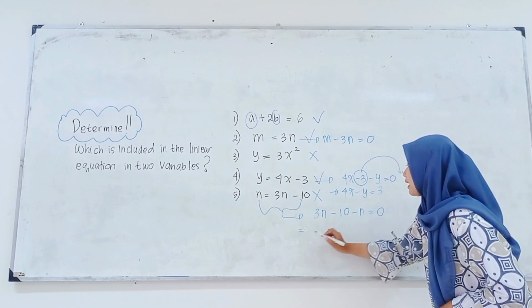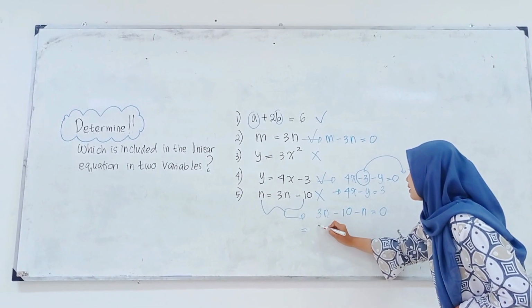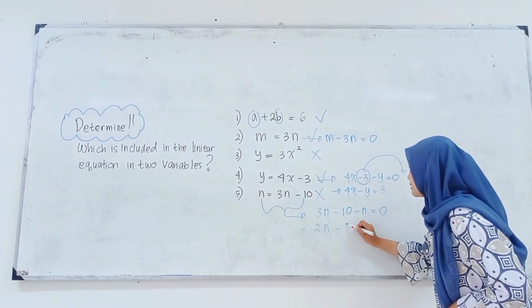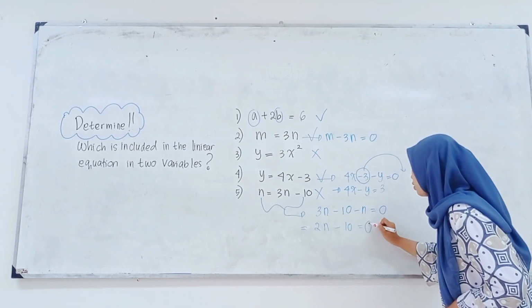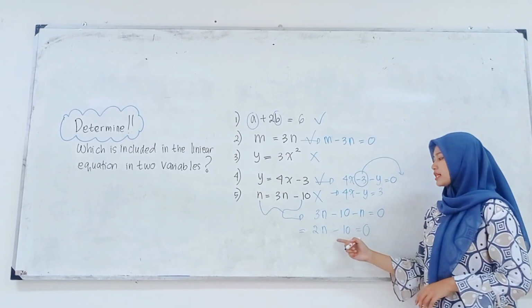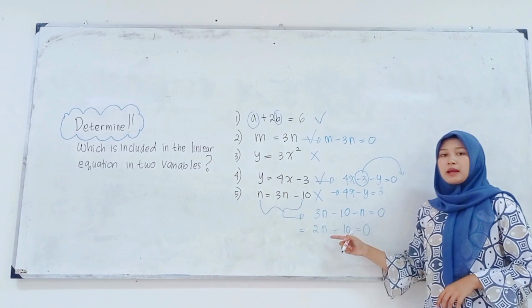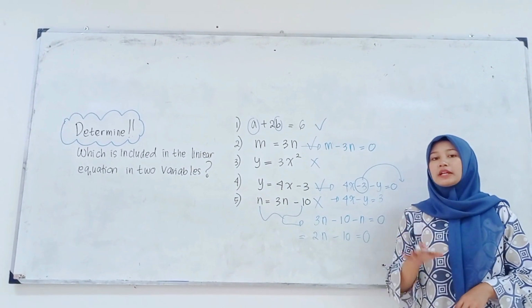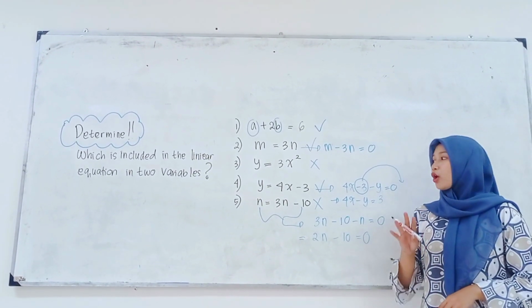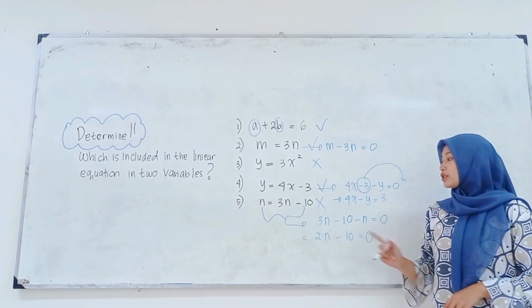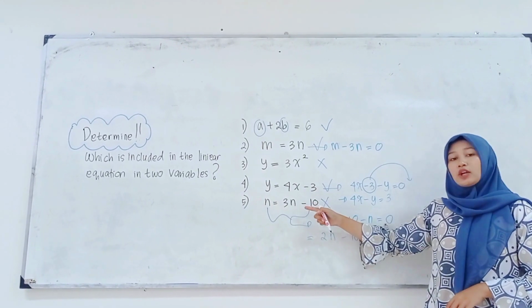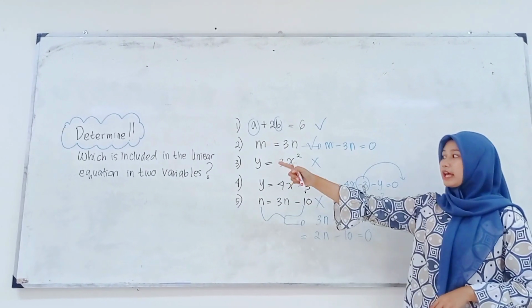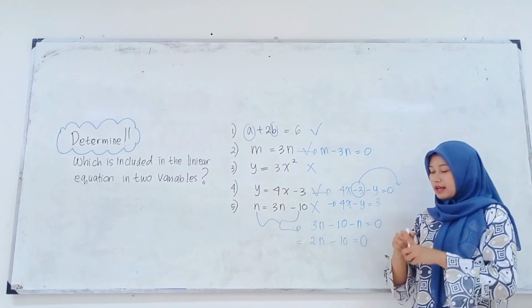This equals 2n minus 10 equals 0. This only consists of one variable, but the characteristic of linear equation in two variables is that it consists of two variables. So this equation is not included in the linear equation in two variables.